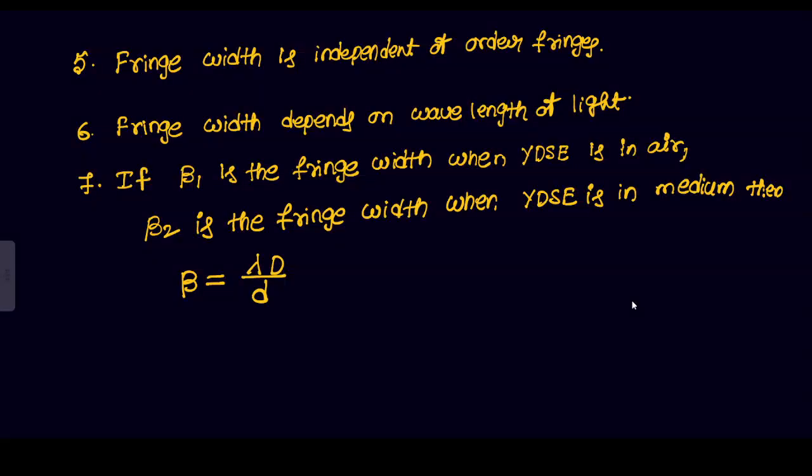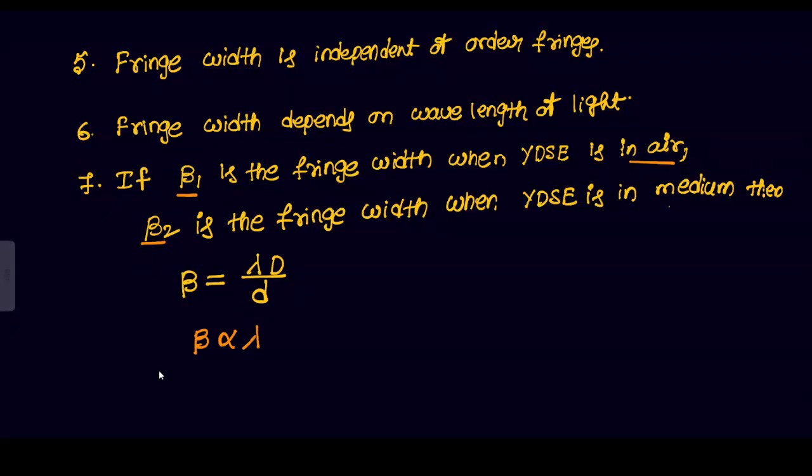Where is the wavelength more, in air or in the medium? Air only. That means beta 1 is the fringe width in air, and beta 2 is the fringe width in the medium. So beta is directly proportional to lambda.